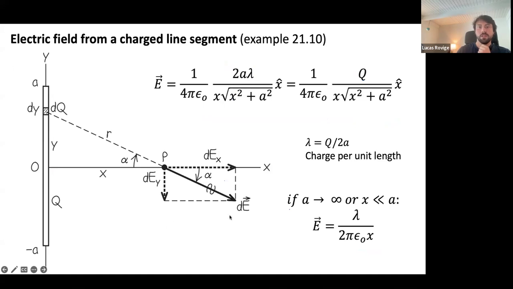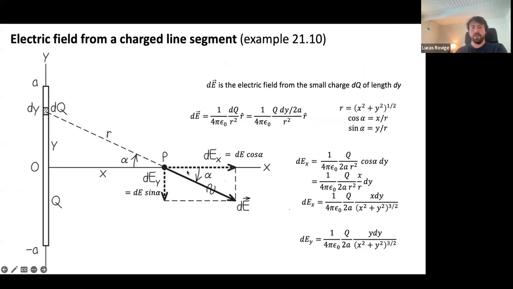Okay, so this is a typical reasoning you would have to do. I strongly encourage you to do it, especially since one of the most fundamental steps is determining your small charge element and its contribution to the point P, and then looking at how it simplifies, or how you can express it in your coordinate system.